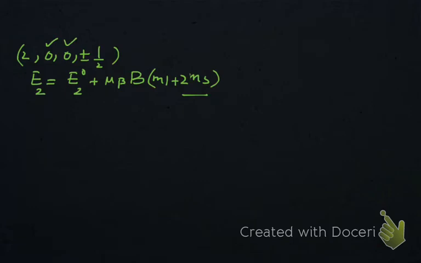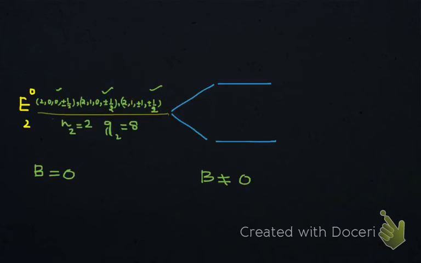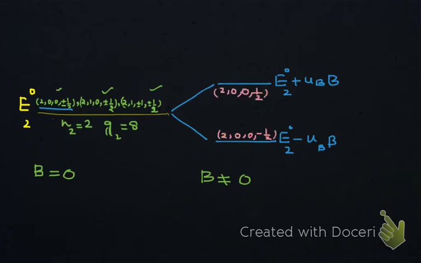So for plus half we have E2 naught plus mu b into b, and for minus half E2 naught minus mu b into b. This level is split in this manner.